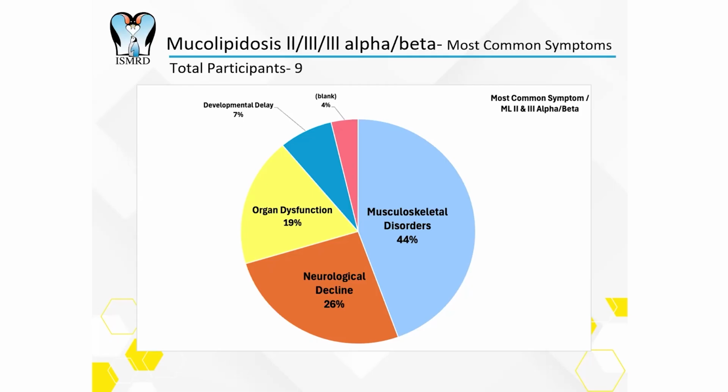The organ dysfunction, that's obviously a huge problem. It's what we lose a lot of our kids to. But again, when you're living with it, it's the bone, the joints, and then the neurological decline. So these are the most common symptoms in ML2 and 3 alpha beta.